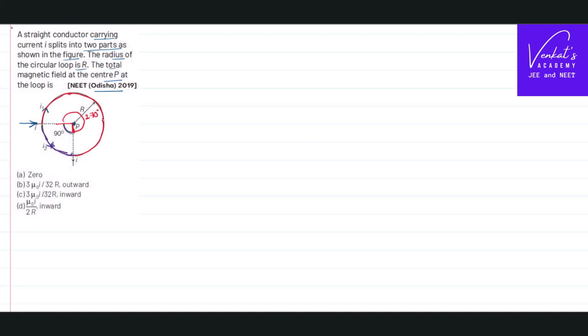So due to the upper part there is a magnetic field developed. How much is the magnetic field developed? For that, first we need to know the magnetic field due to a current carrying conductor in arc shape, which is mu naught by 4 pi, I by r, into theta, where theta is the angle of the arc, taken in radians.